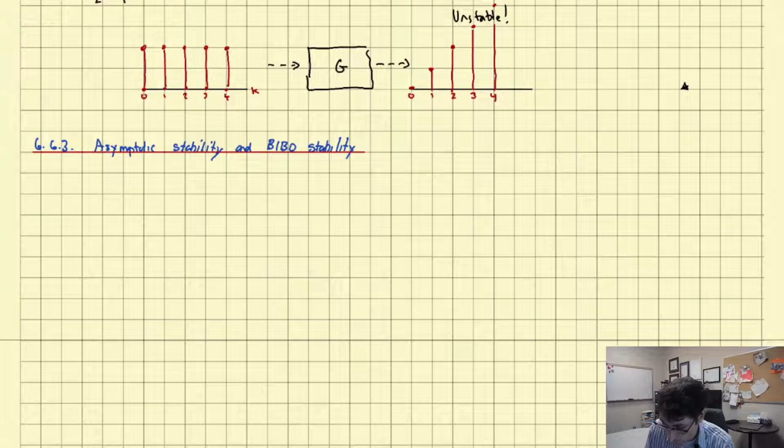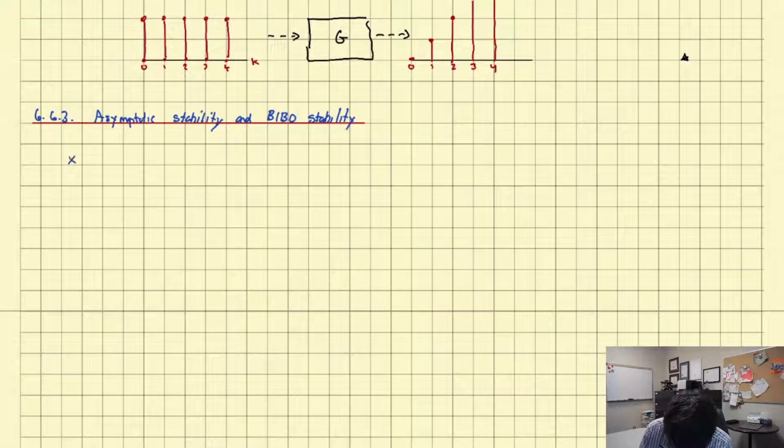All right. Asymptotic stability concerns the time domain. So over here we'll have our state space model. Okay.